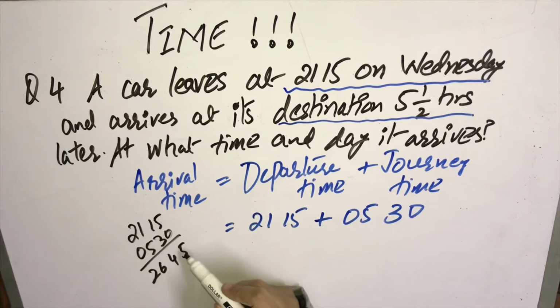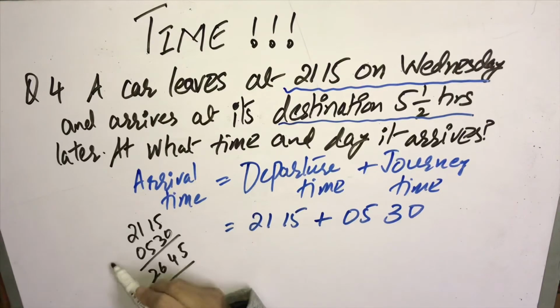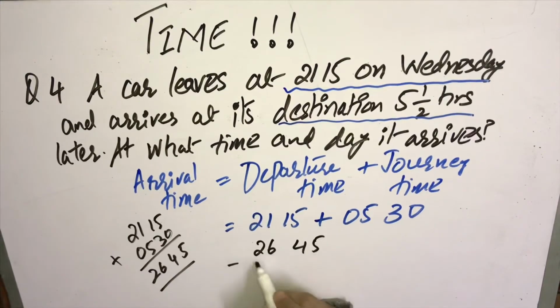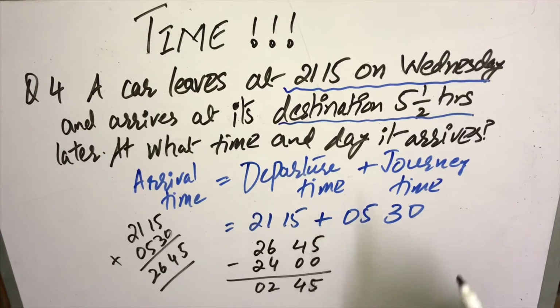Minutes are 45, it's okay, but the hours are 26. We don't have hours more than 24. So what we will do, we will subtract 24 hours from here. When we subtract 24 hours from here, our answer will be 0245.